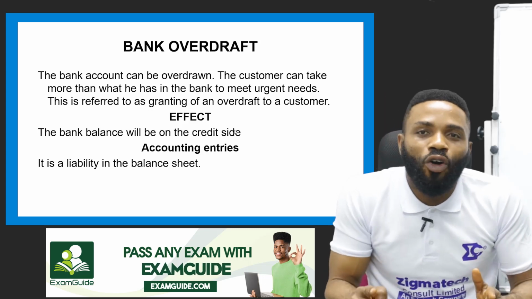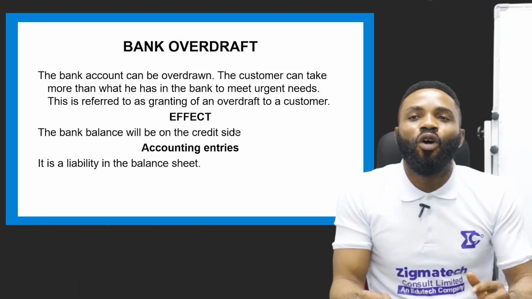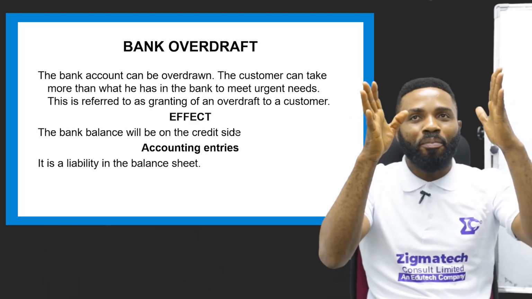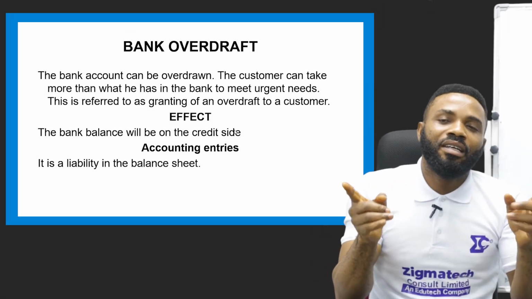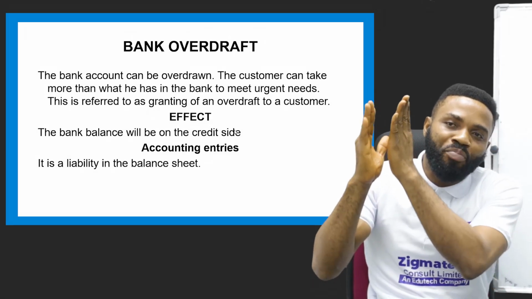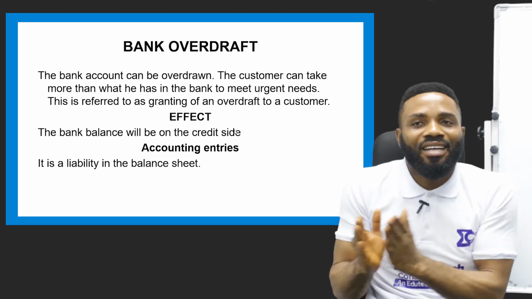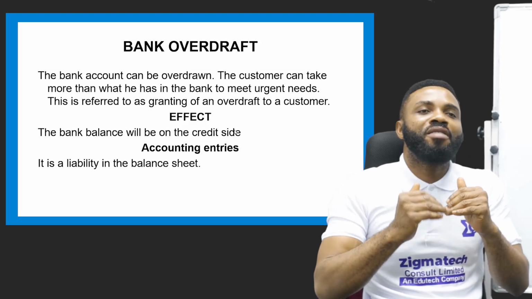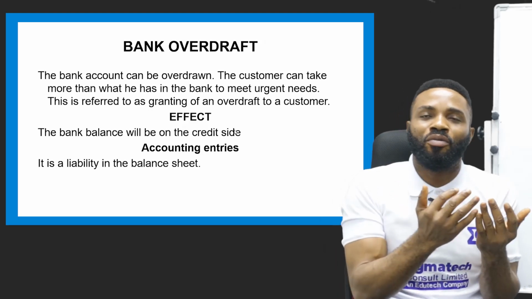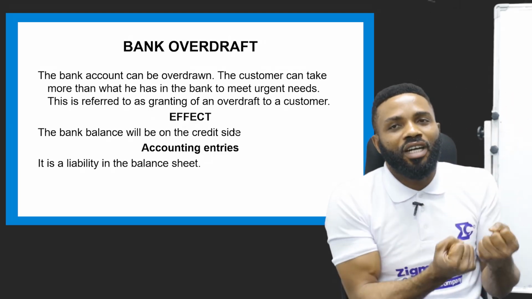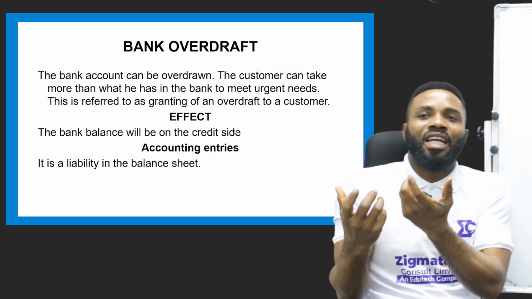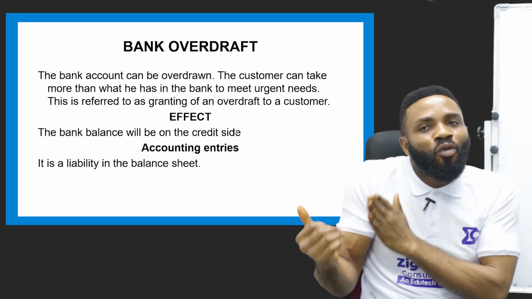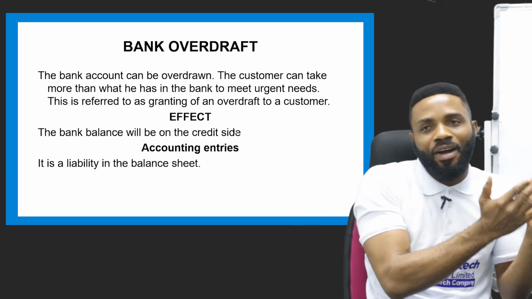Now, when this is done, the bank balance will be on the credit side. What do I mean? When you are preparing your account, the side of payment will be higher than the side of receipt. That is the side where you have made payment will be higher, because if you have received 500,000 within a period and there is need to pay 1 million naira within a period, the payment side will be 1 million while the receipt side will be 500,000.